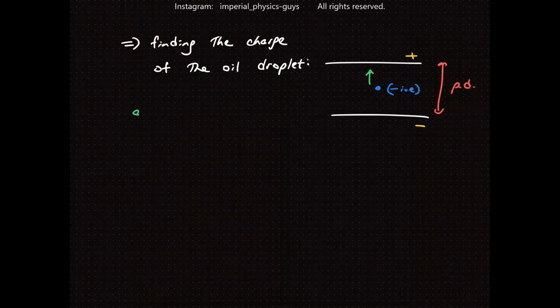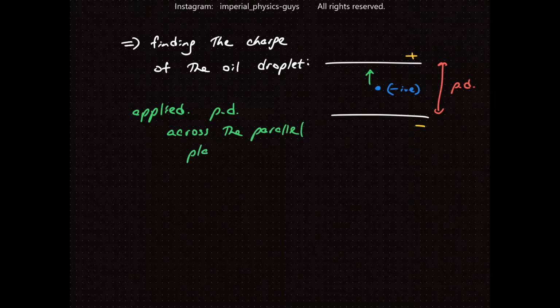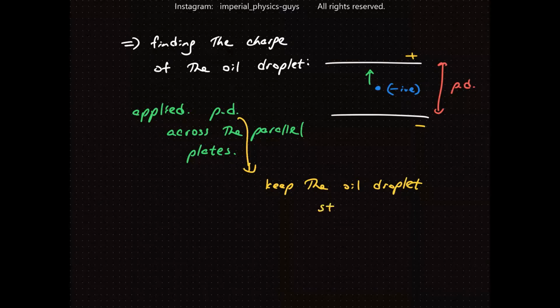So the first thing, we have an applied potential difference across the parallel plates, and this applied potential difference is just enough to keep the oil droplet stationary.